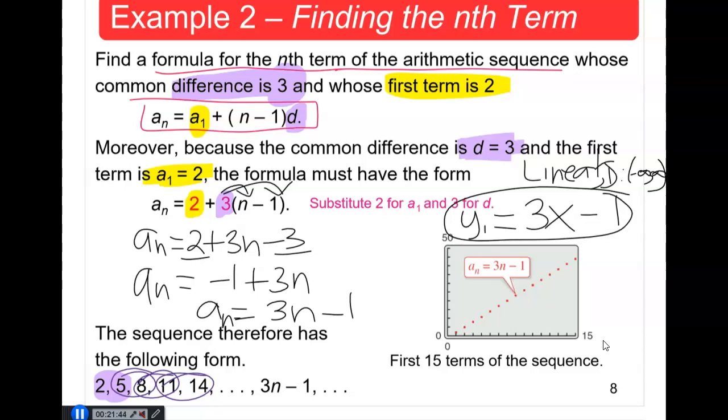And the domain for a sequence is the set of positive integers. Sometimes we include 0. So let's say n is greater than, in this case for this example, 1, and it is an integer, or we could say the natural numbers as well.